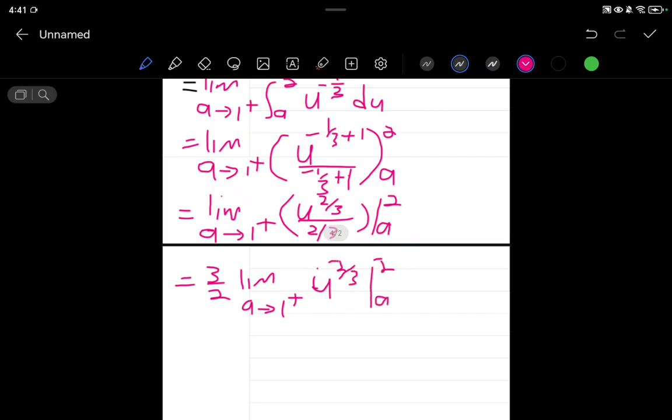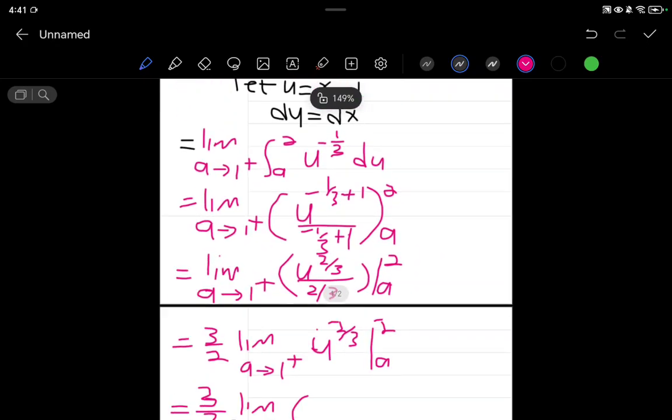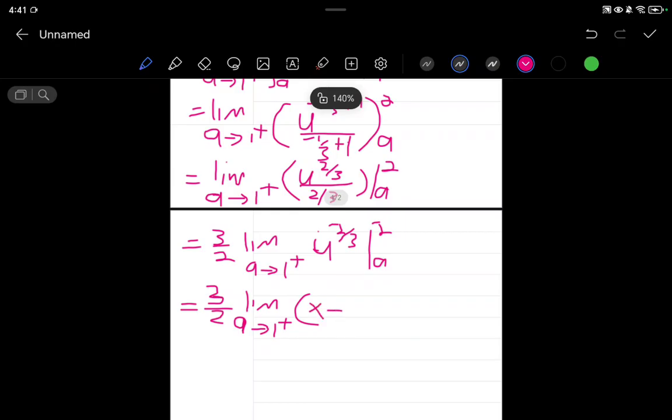Then before I can plug this back, don't forget that I didn't change the intervals. I need to come back and plug in my u, right? I'll have the limit as a approaches 1 from the positive. Then our u is what? It is x minus 1, right? So (x minus 1) to the 2 over 3, from a to 2. Then now I can plug those in.